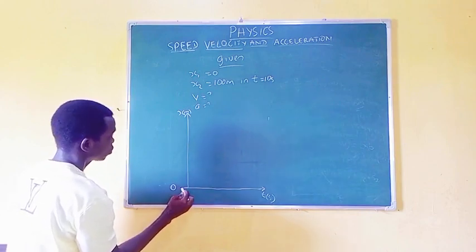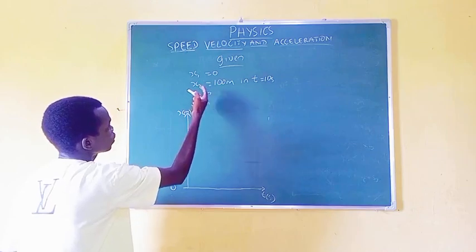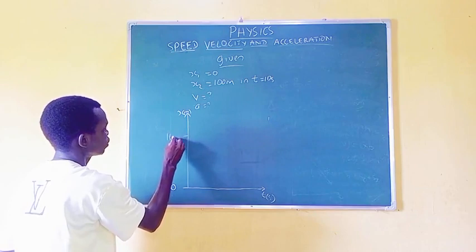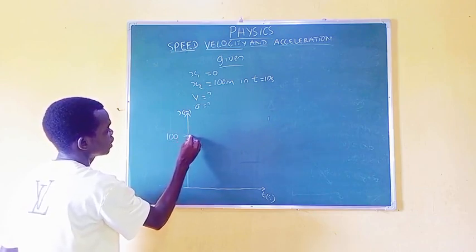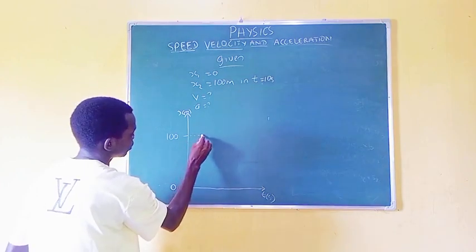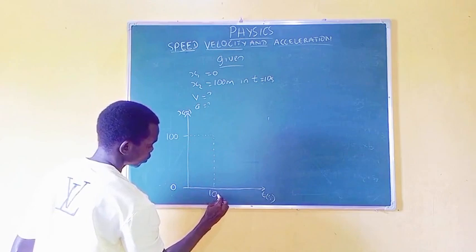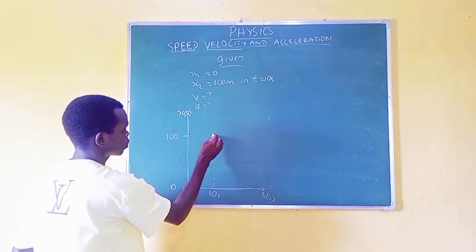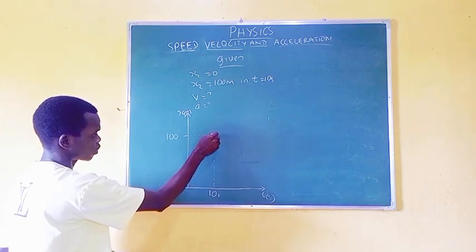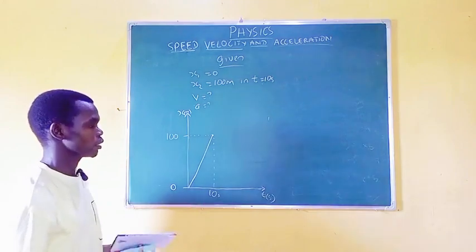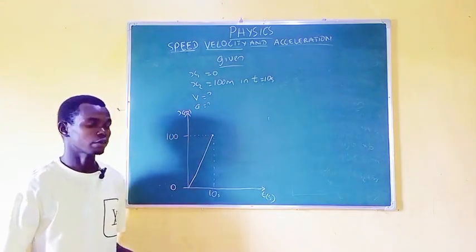We have the final displacement, let's assume here to be 100, in 10 seconds. Trace it to 10. Let's assume here to be 10 seconds. We draw from the point of intersection from the final to the initial. We have our displacement time graph.